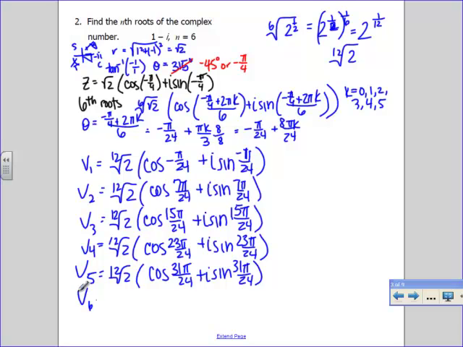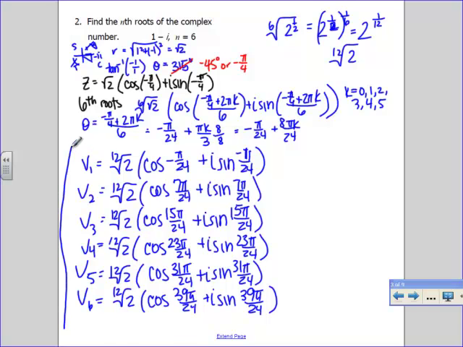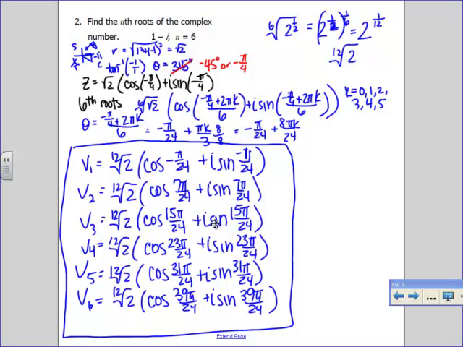And the last but not least, 12th root of 2, add 8 again, 39 pi over 24. So I have 6 answers as my final answer for the 6th roots of the number.